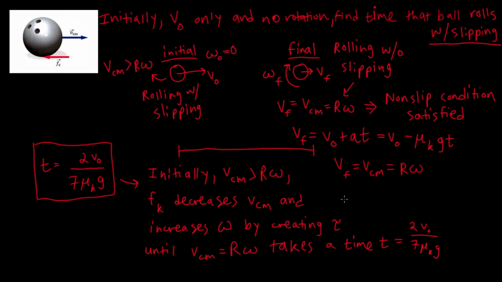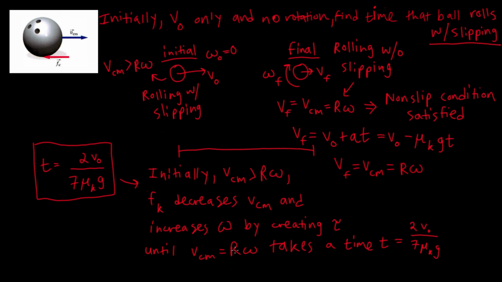So another interpretation is that the force of kinetic friction is going to take this much amount of time to decrease the velocity and increase the angular velocity until this condition right here is satisfied. So there are many interpretations to this time using different factors like the non-slip condition.